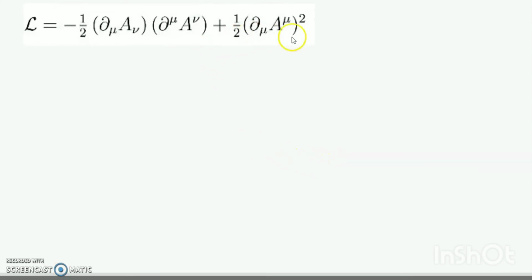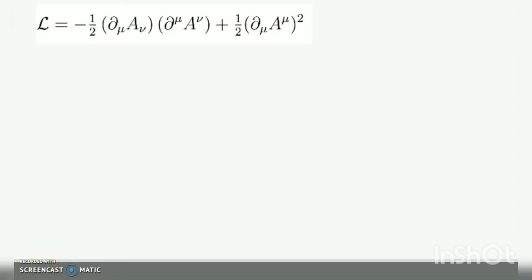So, Maxwell equations. Okay, so friends, the Maxwell equations in the vacuum come from the Lagrangian L equal to minus half into del mu A nu squared plus half into del mu A mu whole squared.